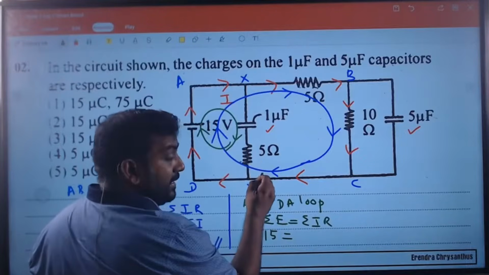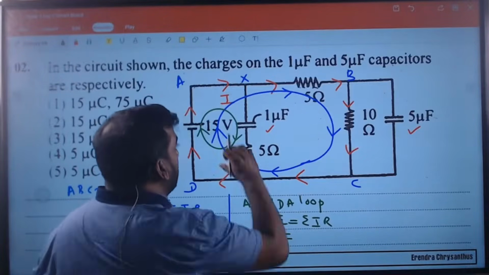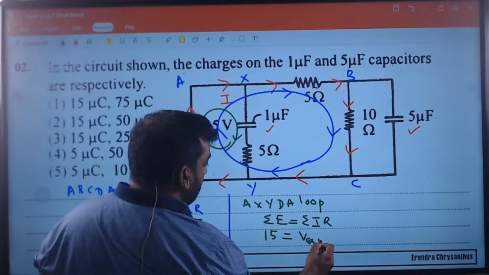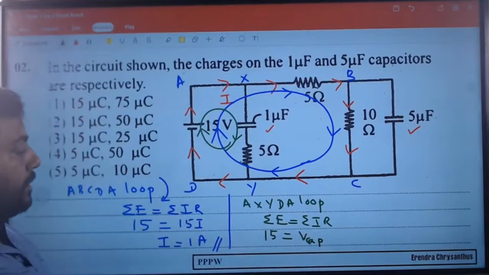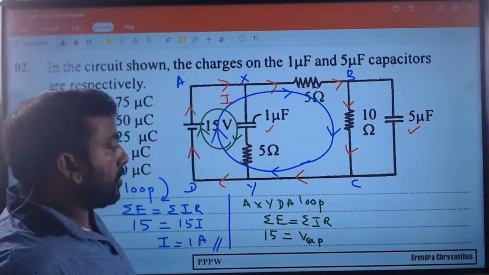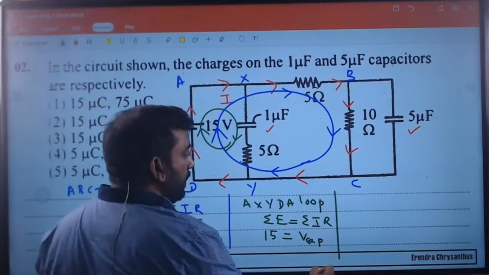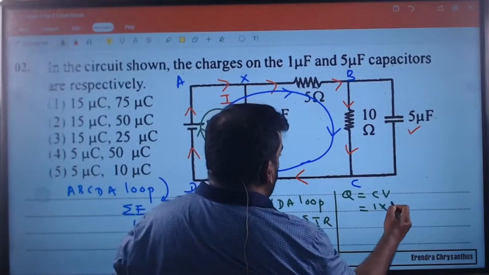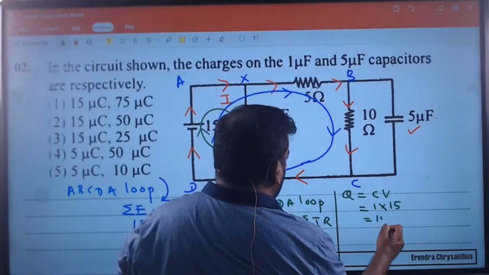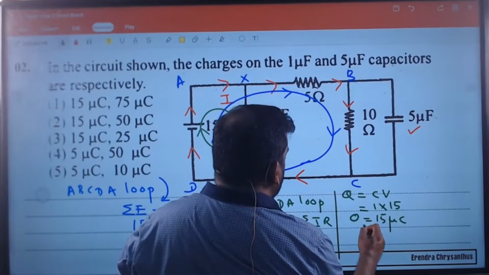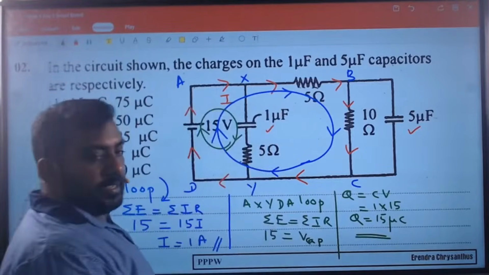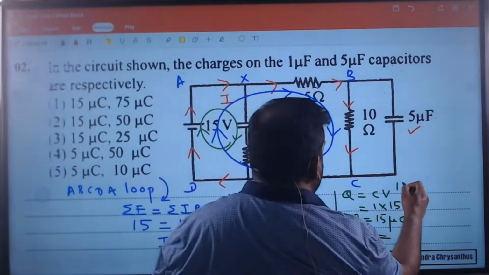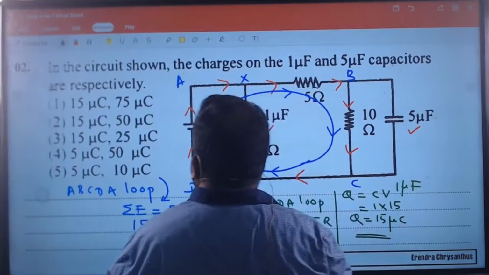Here also, even though the resistor is there, there is no current. So the voltage across will be the voltage of the capacitor. 15 volts will be across the capacitor. If I apply Q equals CV, 1 microfarad times 15 gives 15 microcoulomb across the 1 microfarad.